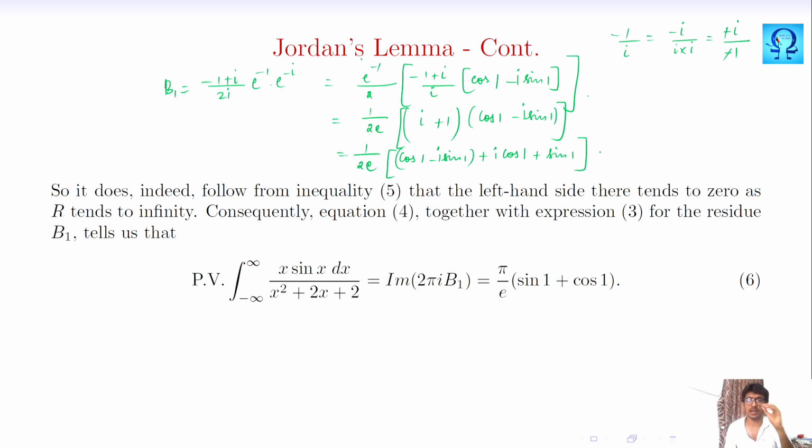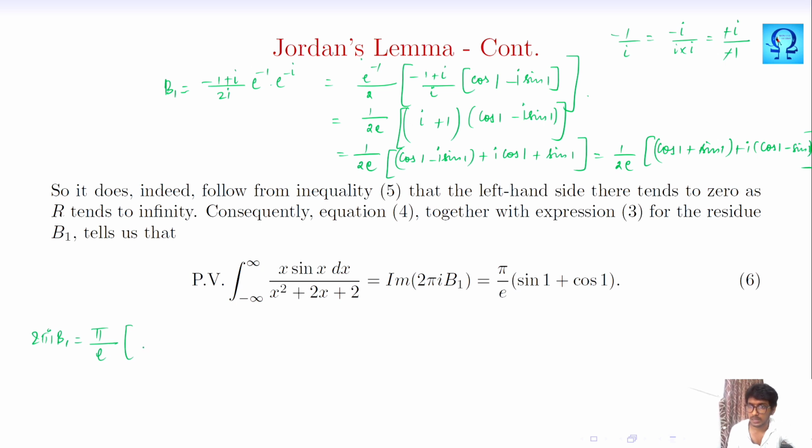From which what we have to do is that we'll have to take only the imaginary part. Actually we'll have to multiply 2πi with this. So 2πi b1 is going to be, so 2 gets cancelled, I have π upon e. Let me just split this here itself: cosine 1 plus sine 1, plus i times cosine 1 minus sine 1.